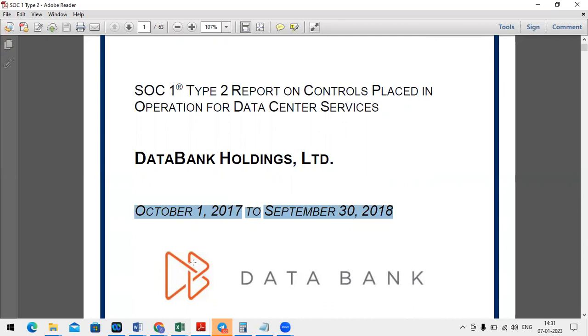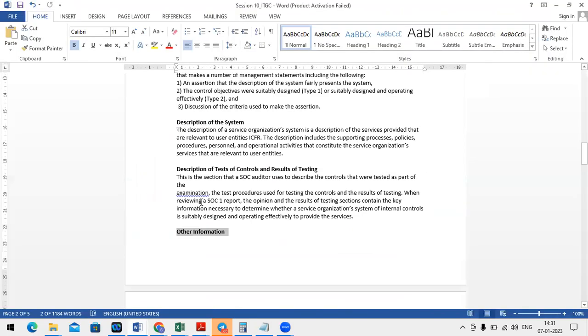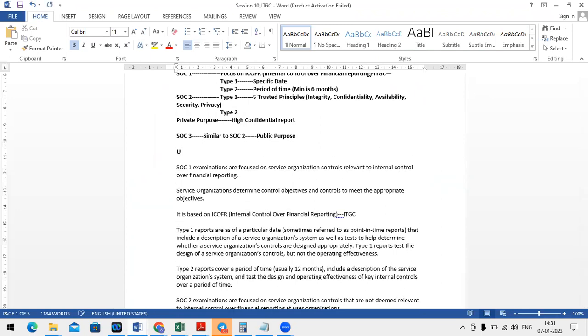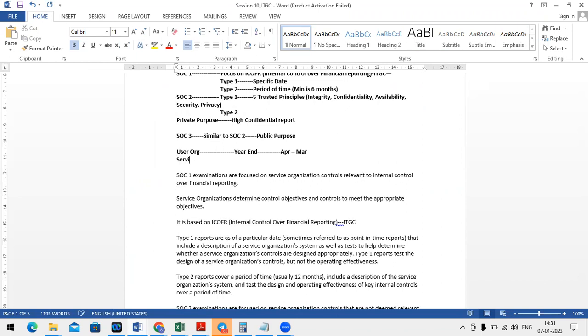Now here the catch is, see, the user organization's year start and year end is April to March. Now the service organization's year end is, say, October to September.